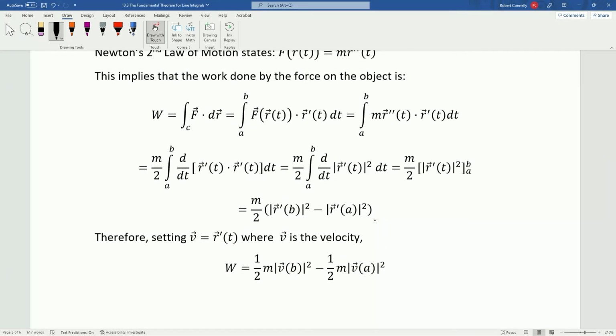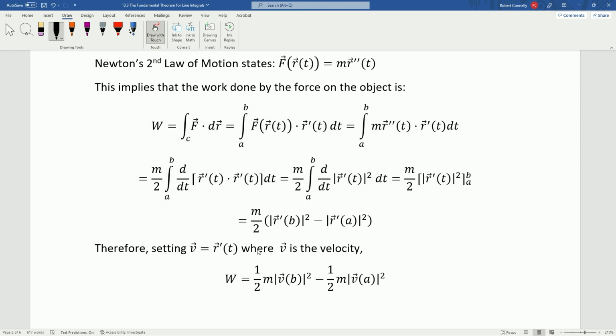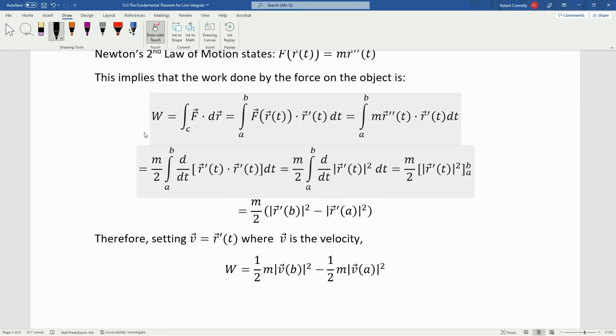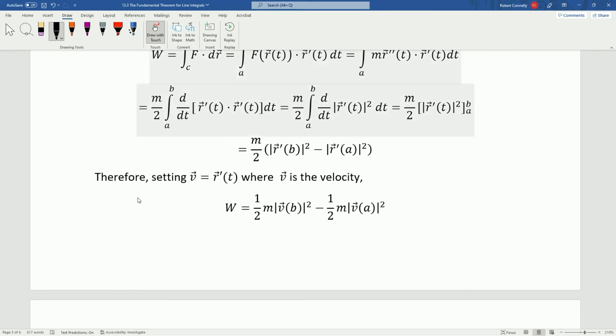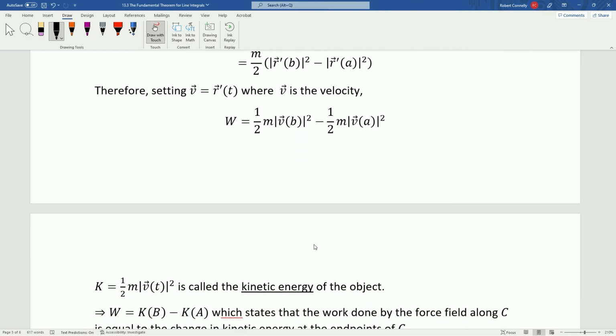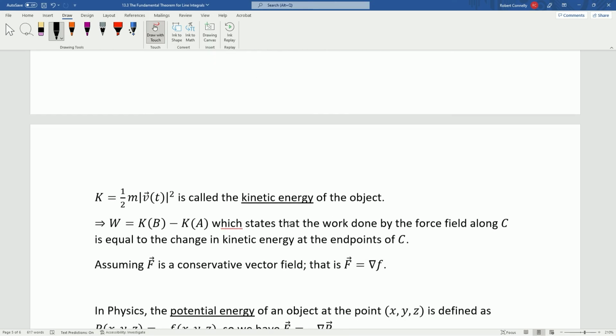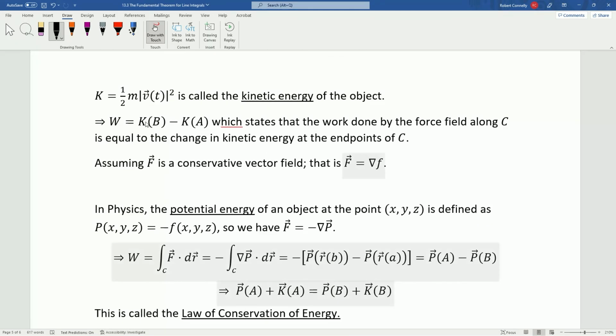Just to tie that all back together, Newton's second law of motion gives us force equals mass times acceleration. We do a little computation on the work, and from this formula we can look at the kinetic energy of an object and see that work is the difference between the kinetic energy at the start and the end of a path.